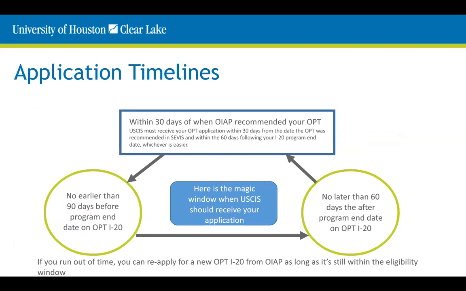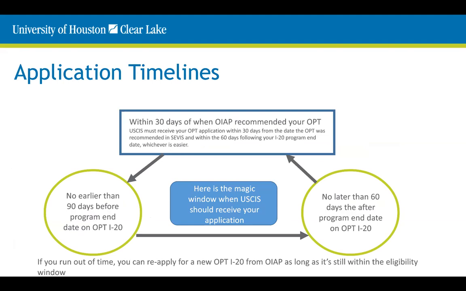Let's review the timeline for applying for OPT one more time. You can apply no earlier than 90 days before the official closing of your graduation semester and no later than 60 days from the closing date of your graduating semester.